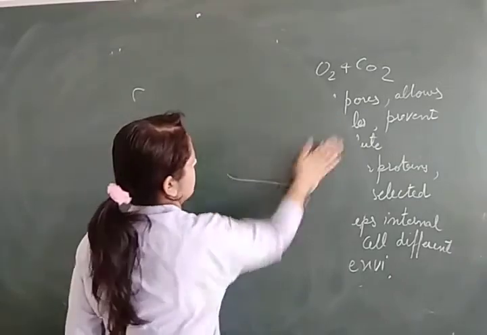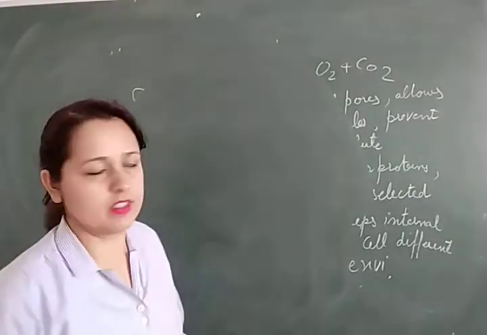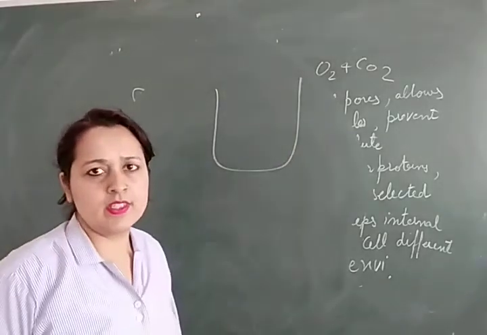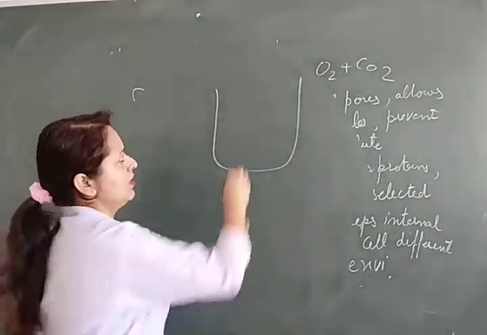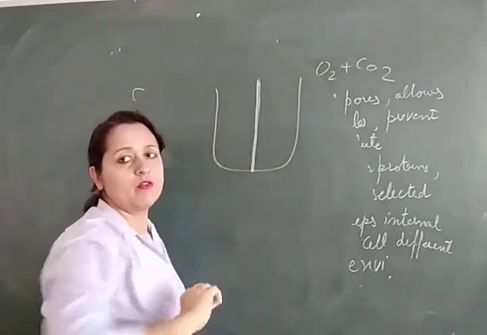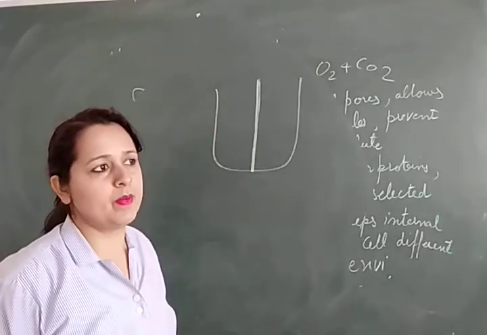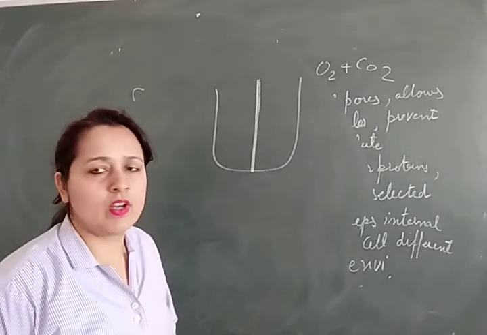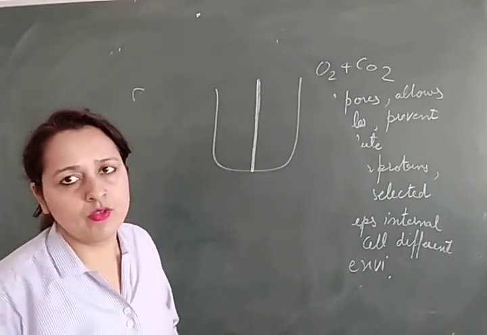Now let's focus on the process of osmosis. Again, take a beaker. Put a semi-permeable membrane in it. Now we know what semi-permeable means: it allows only the passage of water molecules through it, not the ions or other solute particles.